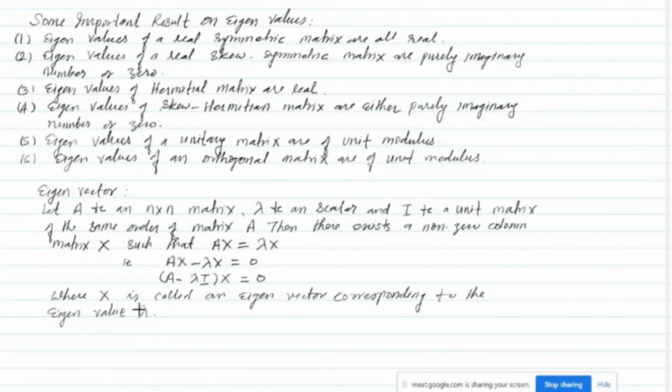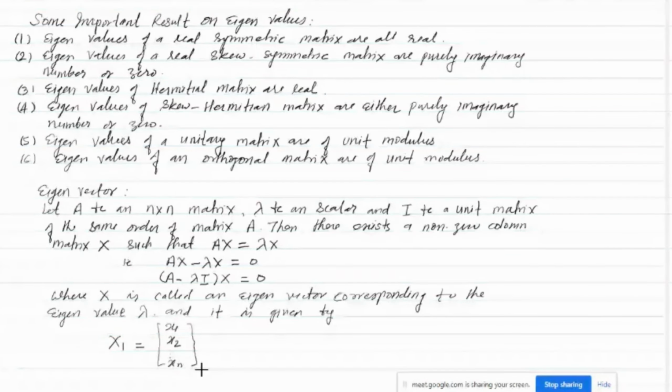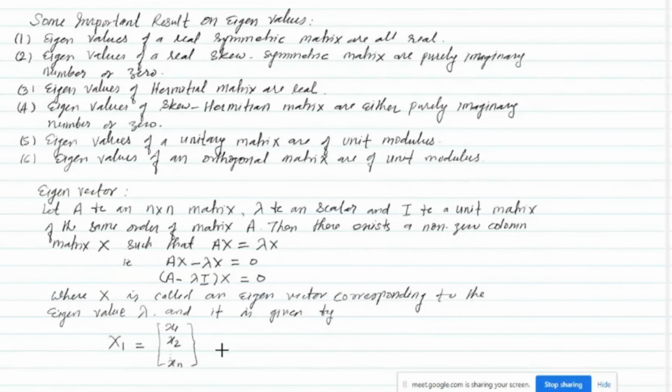Your X is the eigenvector, and it is given by the column matrix X with entries x1, x2, up to xn. This is your column vector.